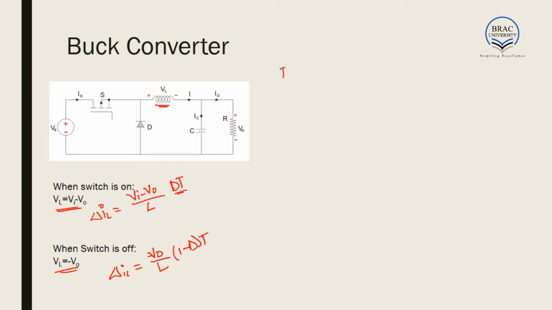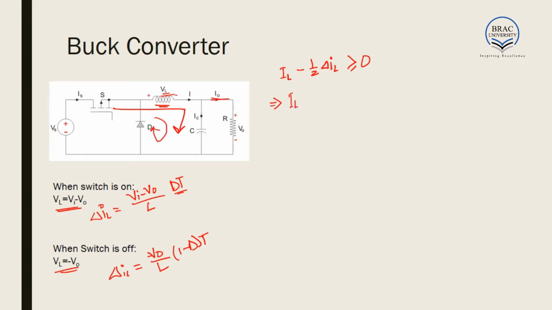Now for continuous conduction mode, we are designing it, so IL minus half of del IL will have to be greater than or equal to 0. In this case we can see that no matter whether the switch is on or off, the output current, I output, will be equal to the inductor current, IL.